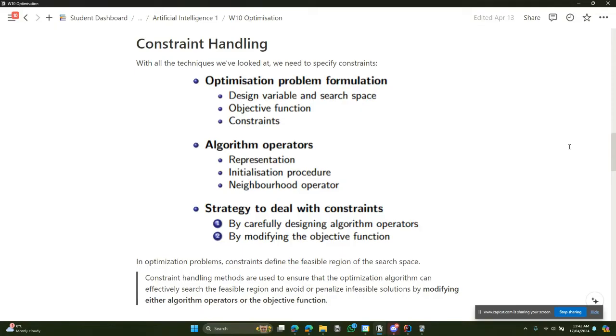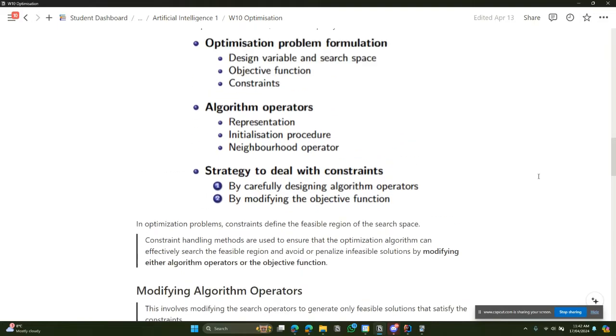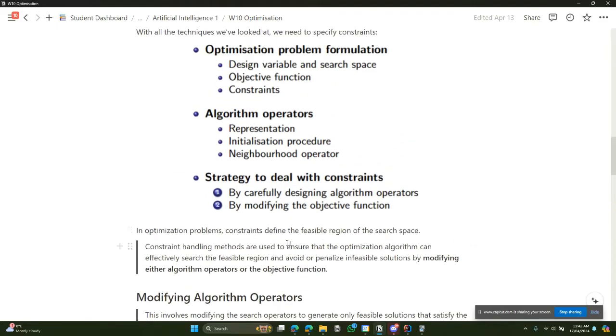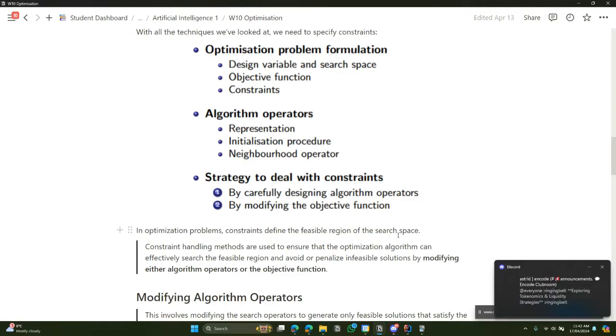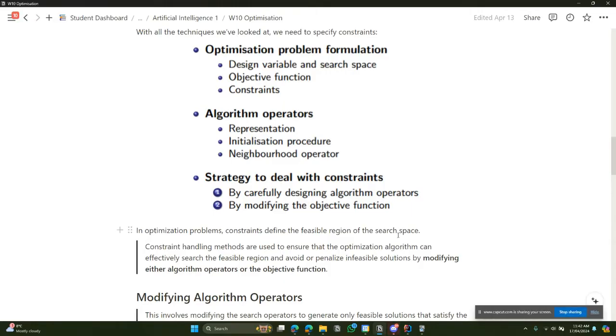So basically, in optimization problems, constraints define the feasible region of the search space. The search space is any solution that can be generated, and the feasible region is any generated solution that passes the constraints, or is valid. Constraint handling methods are used to ensure that the optimization algorithm can effectively search the feasible region and avoid or penalize infeasible solutions by modifying either the algorithm operators, because we have a lot of them, or the objective function.